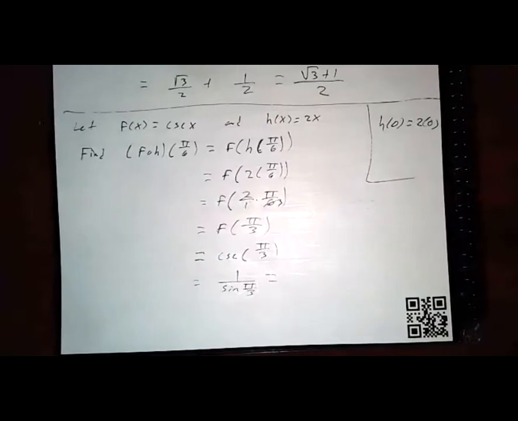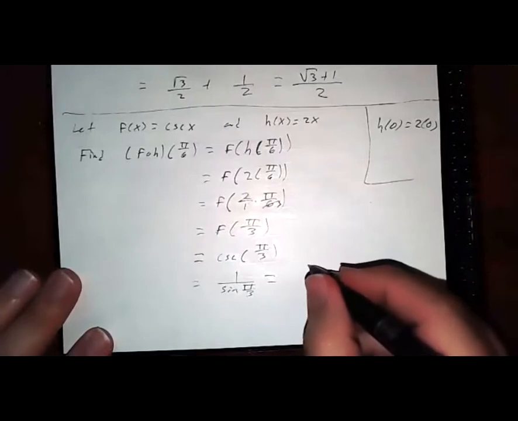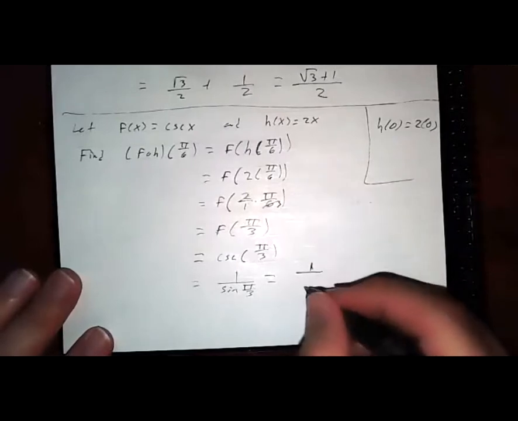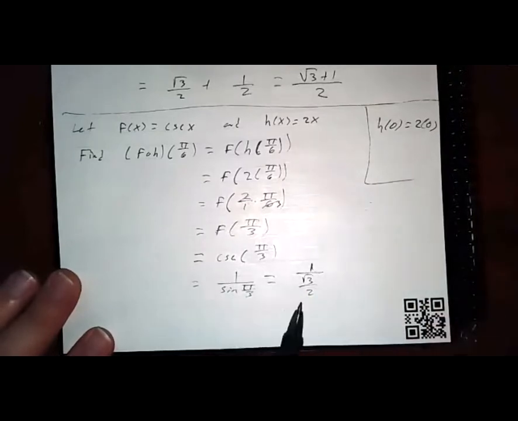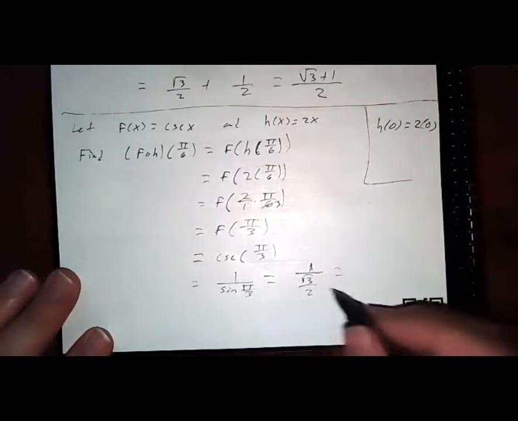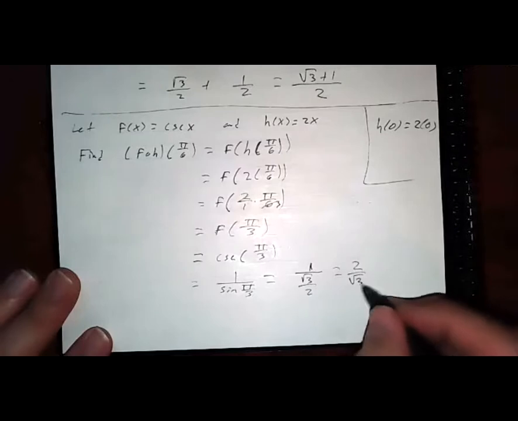Square root of 3 over 2. Square root of 3 over 2, right? Now at this point, you just take the reciprocal because it's at the bottom. So the fraction rule says you flip it over and you get to here.